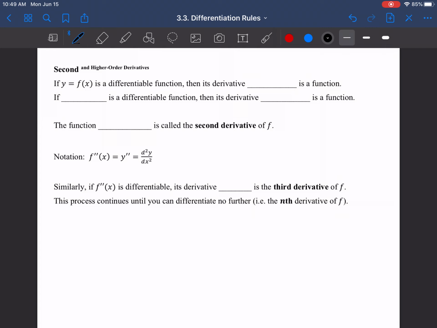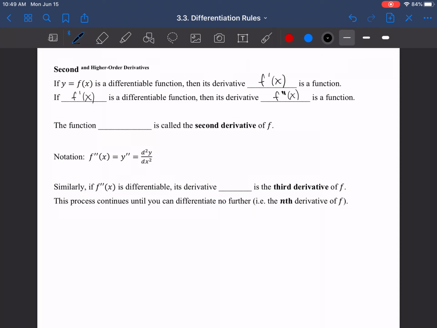Next, we can take derivatives of derivatives, usually, not always, but if y equals f of x is a differentiable function, then its derivative, f prime of x, is a function. If f prime of x is a differentiable function, then its derivative, we call it f double prime of x, is a function. And that's supposed to be just two little primes there.